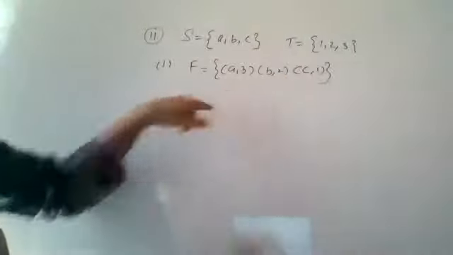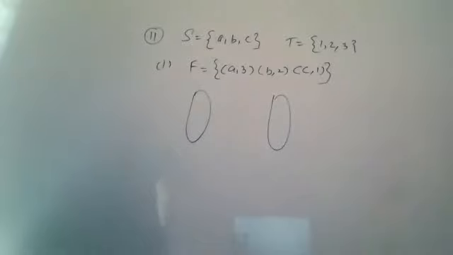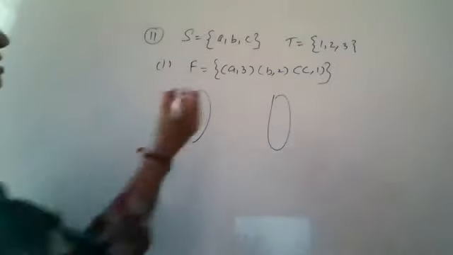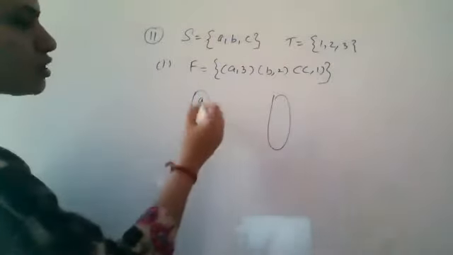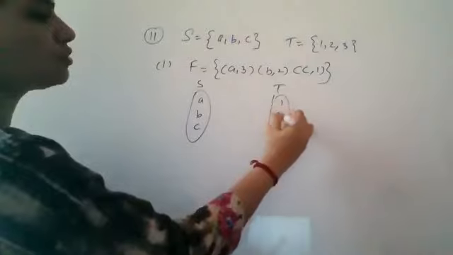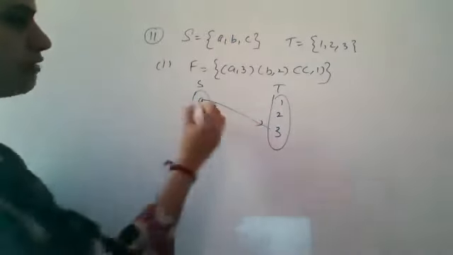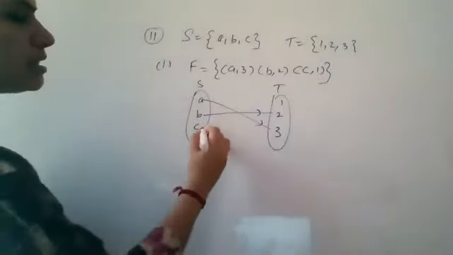Now for this, you can just see whether it is one-one. In order to have an inverse, you should see whether it is both one-one and onto. So if I draw from S to T, you have a, b, c as S and 1, 2, 3 as T. Marking a to 3, b to 2 and c to 1.